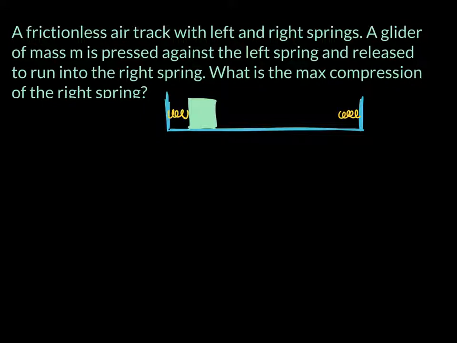So there's our box, and this box is going to smash the left spring. If it's a spring, then it has a spring constant. We'll call this one K sub L for left, and the right spring would have a K sub R. And the glider has some mass M.